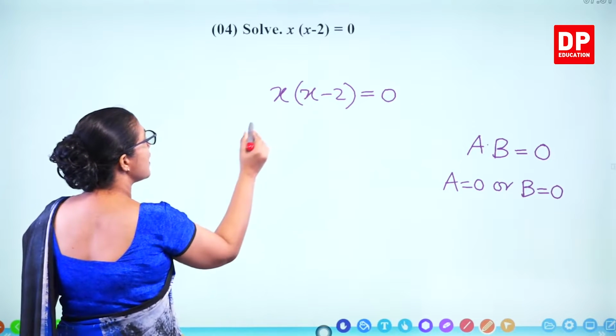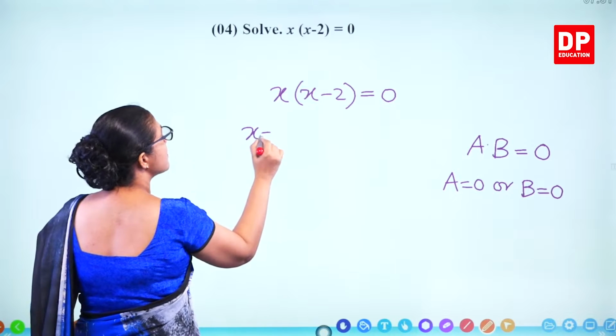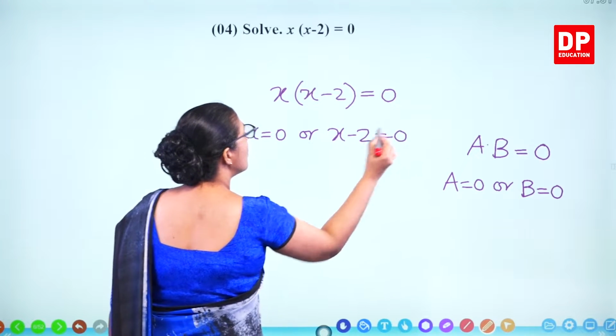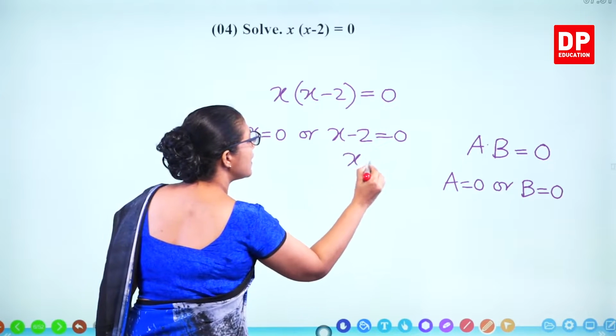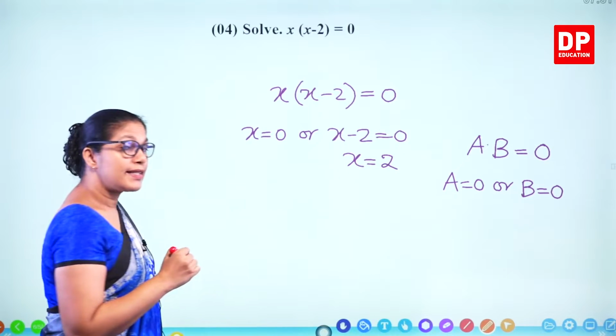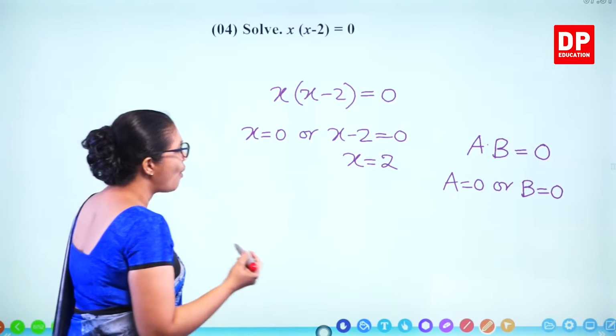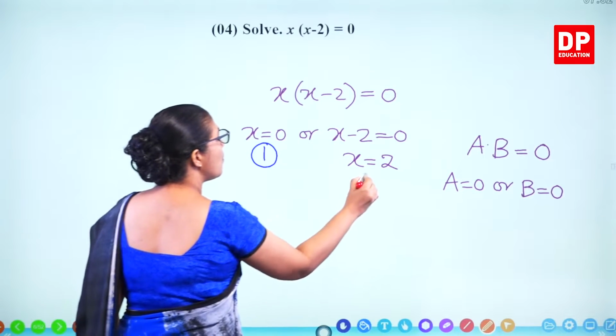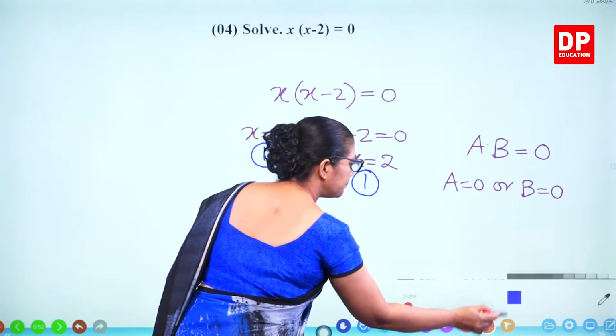Likewise we can say x is 0 or x minus 2 equals 0. So what's the x value here? X becomes minus 2 when you take it to the other side, that's 2. So 0 or 2. You get 2 marks, 1 mark here, 1 mark there.